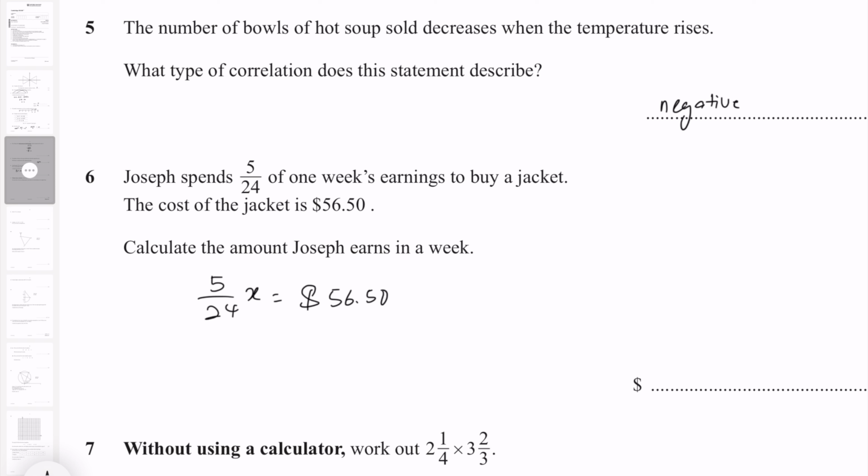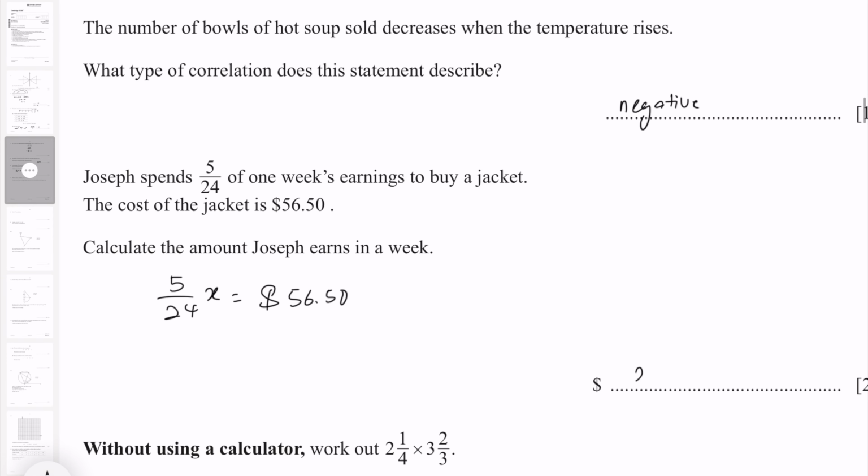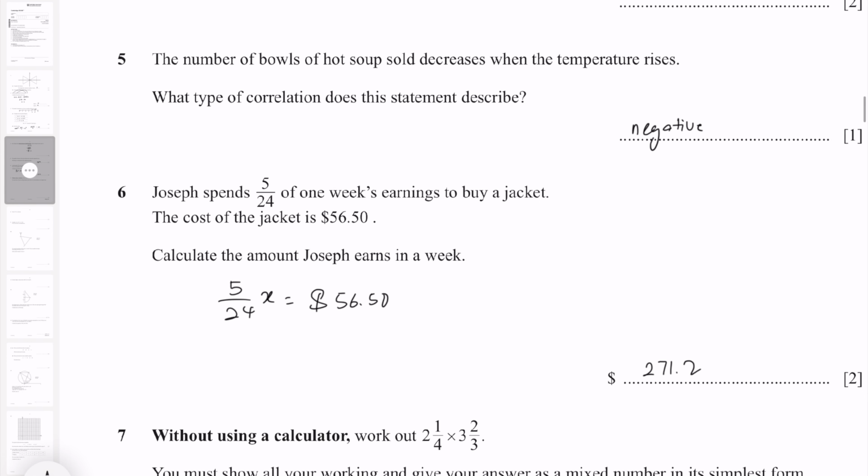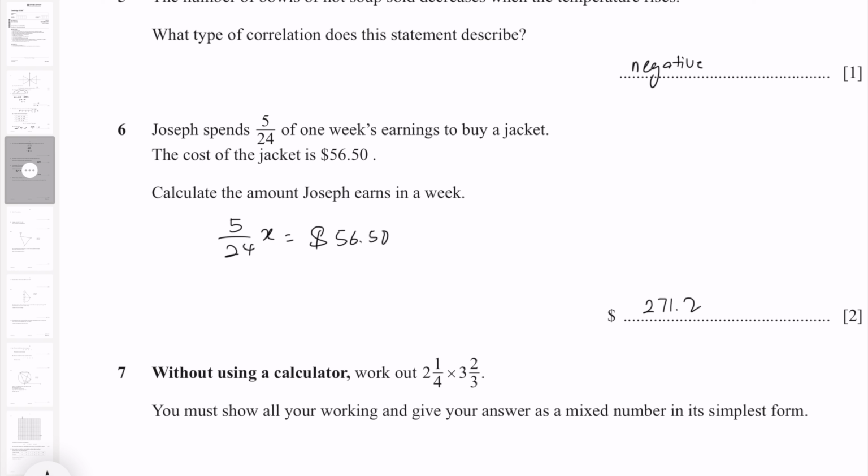All you have to do is divide $56.50 by 5 over 24. And the answer is 271.2. There it is. X equals, just going to write that out, 56.50 divided by 5 over 24.